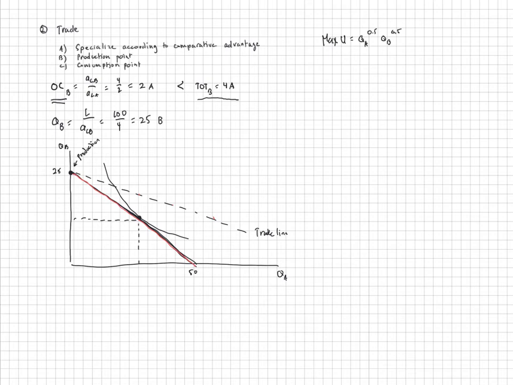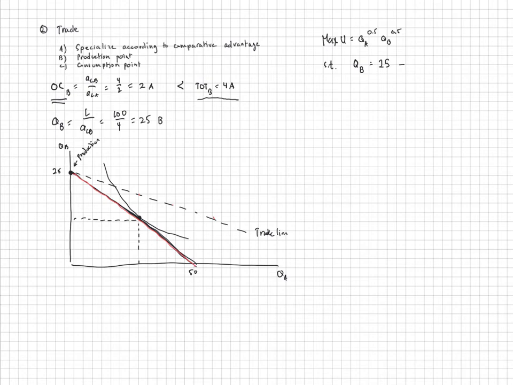But now, and this is going to be really interesting, now our resource constraint is very different. So let me first write it in general. If they specialize according to comparative advantage, then they will be producing QB, and they can produce 25 units of that.